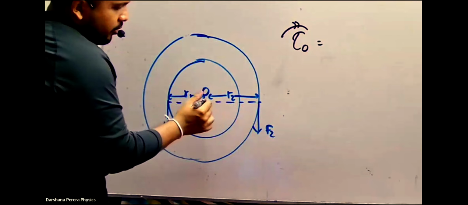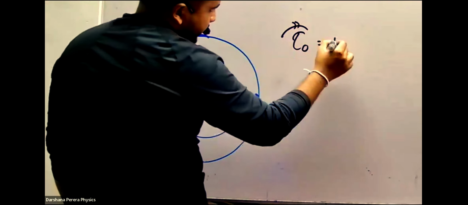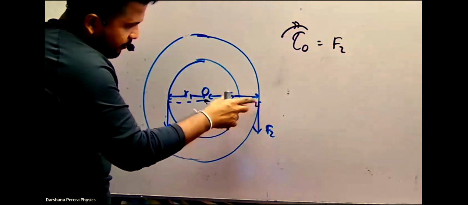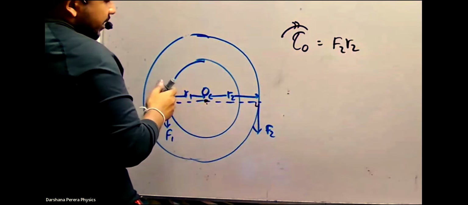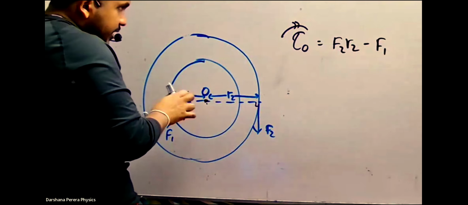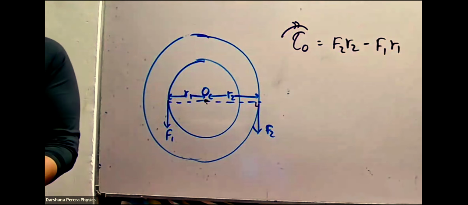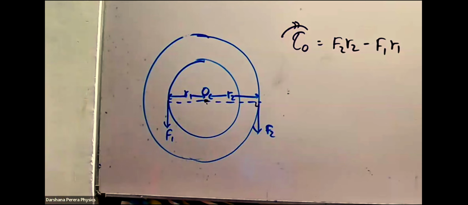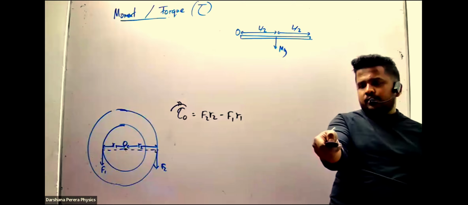F2 into the perpendicular distance from the line of action of the force, R2, minus F1 into R1 in this direction. Right? So this is the value.